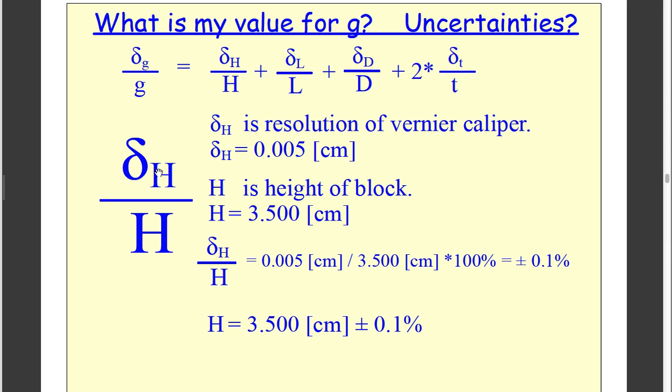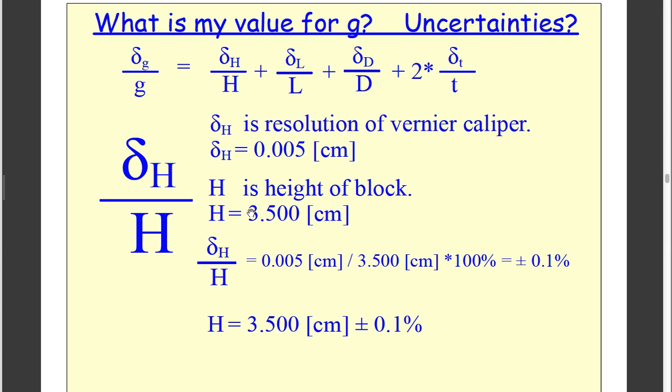To find the uncertainty in H divided by H, first we find the uncertainty in H, which is simply the resolution of the vernier caliper. The uncertainty in H for this experiment is 0.005 centimeters. Now that tips me off that I'm going to measure h also in centimeters. H is the height of the block, and from my experiment I got 3.500 centimeters.